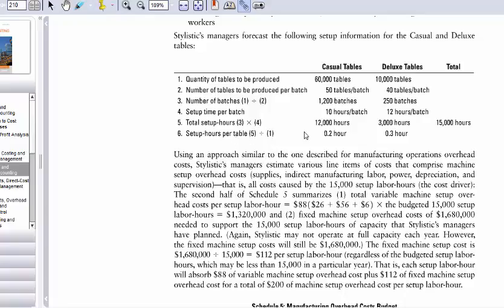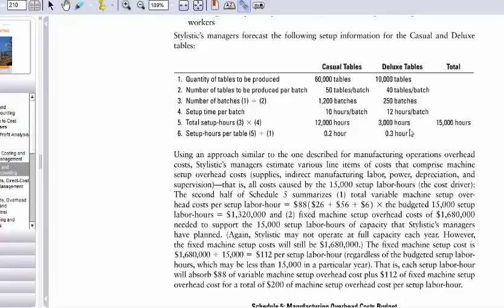If we've got 12,000 hours needed to do the 60,000 tables, how much is that per table? 12,000 hours divided by 60,000 tables means 0.2 of an hour per table, at a rate of $200 per hour for setup time.